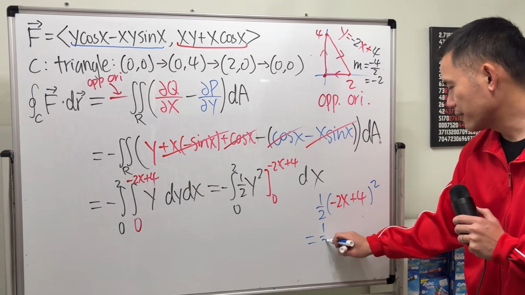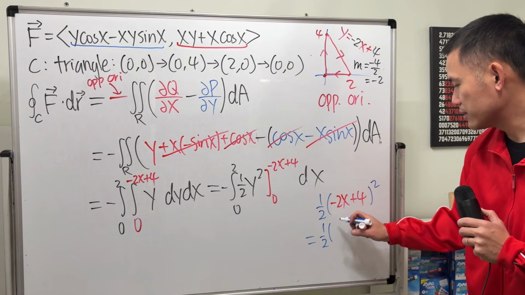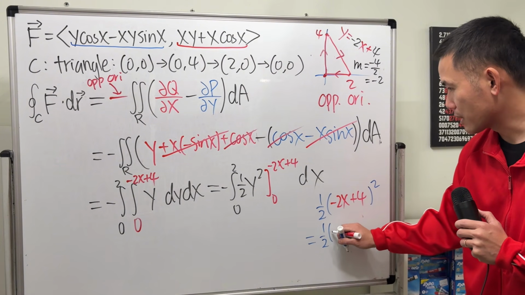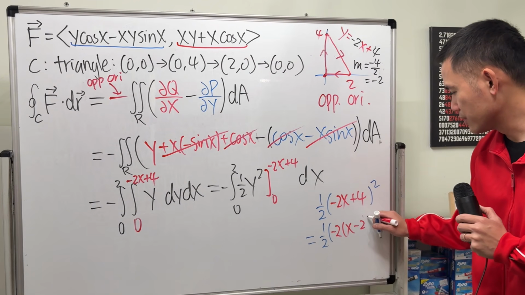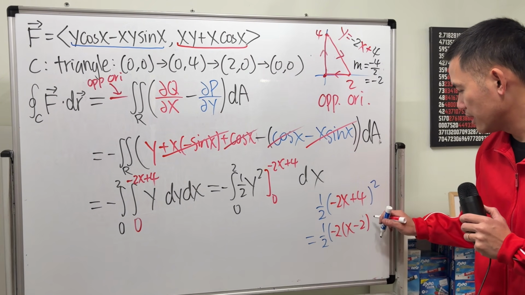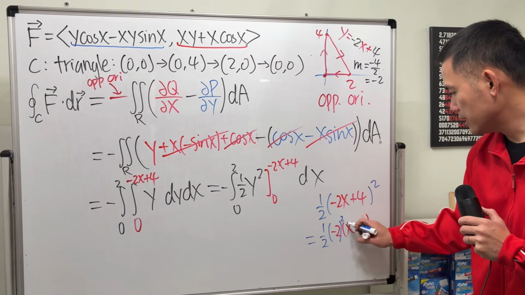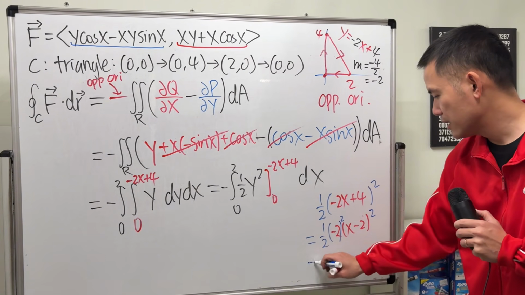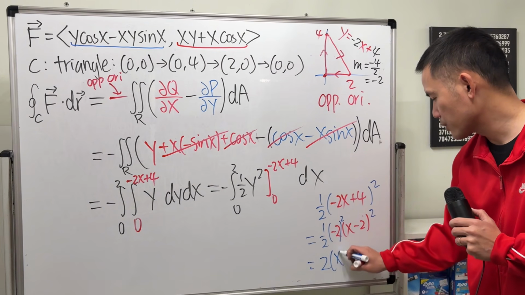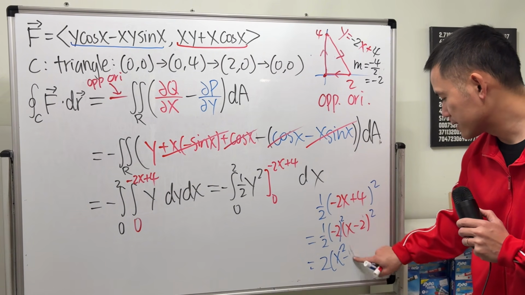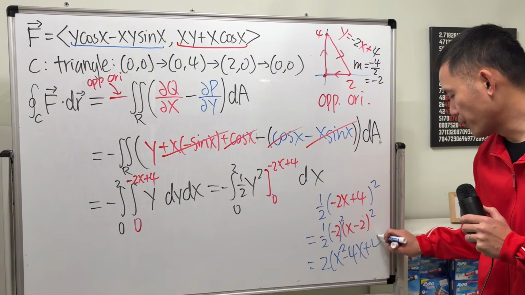Depends how you want to do it. I can factor out a negative 2, and that will give us x minus 2. Then I will square this and square that. And 4 over 2 is just 2, and then expand this, I get x squared minus 4x plus 4.